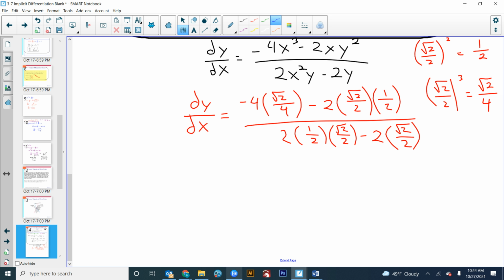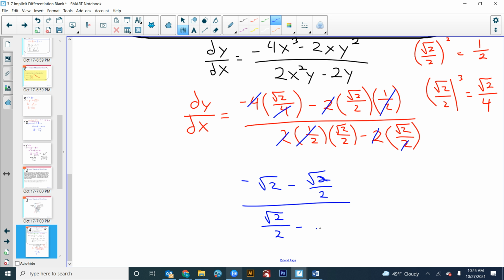Ready? Negative radical 2, 2 times 1/2 is 1, minus radical 2 over 2, all over radical 2 over 2, minus radical 2.